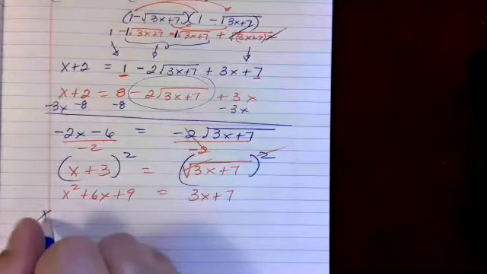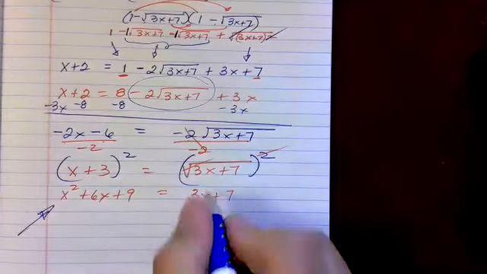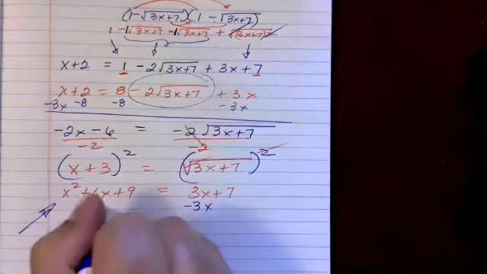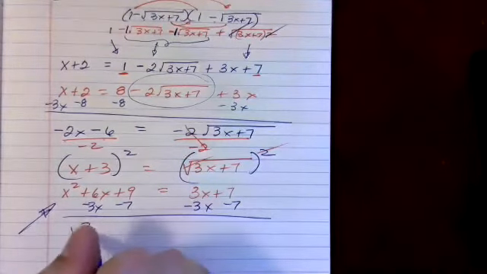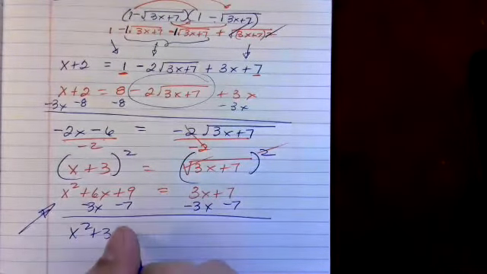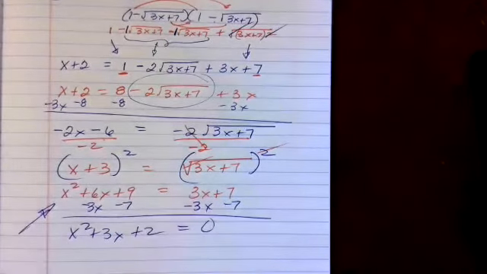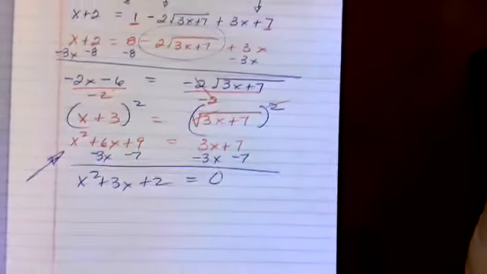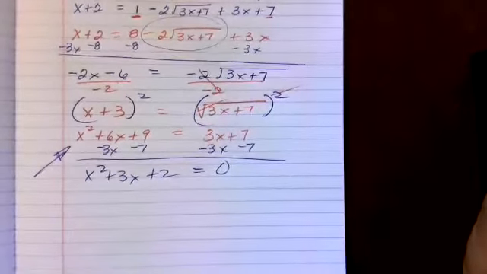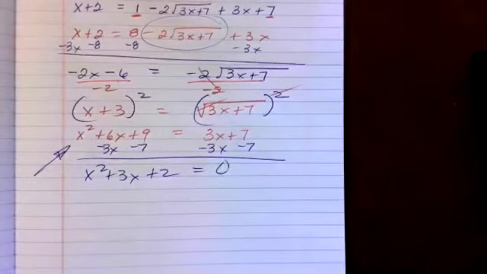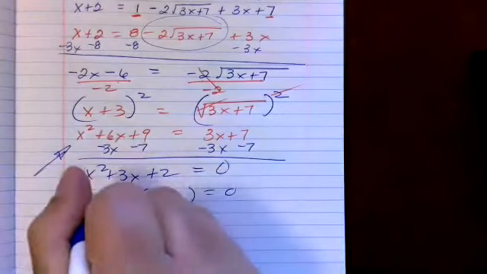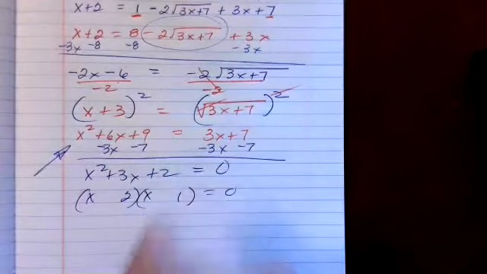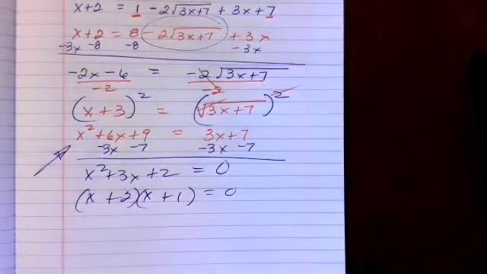I notice I have a quadratic. So I want to set the equation equal to 0. x squared plus 3x plus 2 is equal to 0. Might get away with one page. I have a quadratic in standard form. I can factor this or use the quadratic formula if you hate factoring. 2 times 1 is 2, plus and plus.